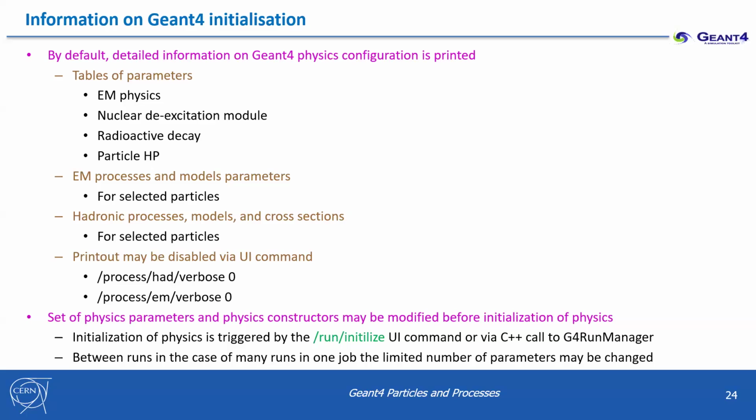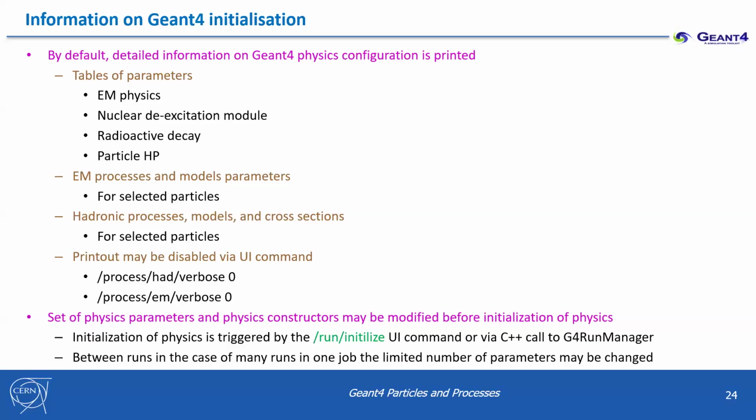And for that, there are UI commands to set verbose to 0. By the way, default Gen4 physics verbose is 1. In that case, we have minimal printout information at initialization and do not have extra printout in runtime.